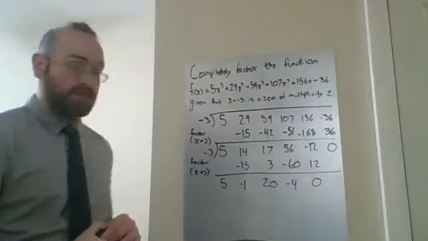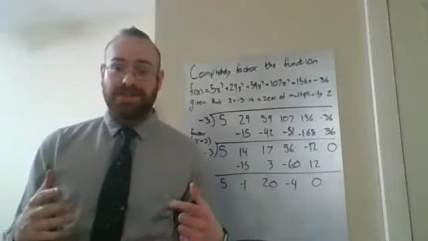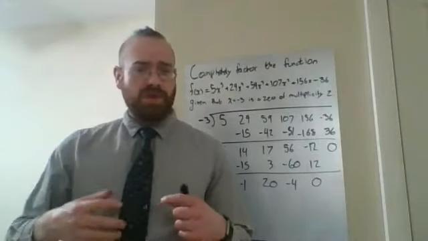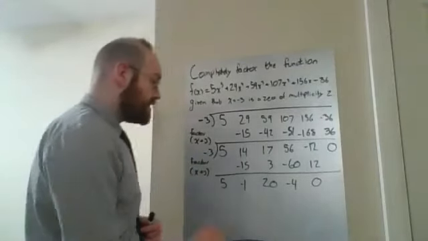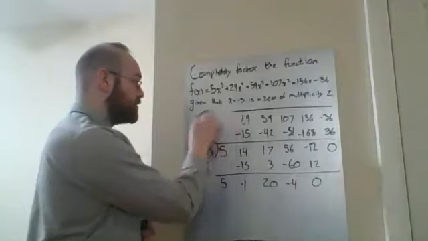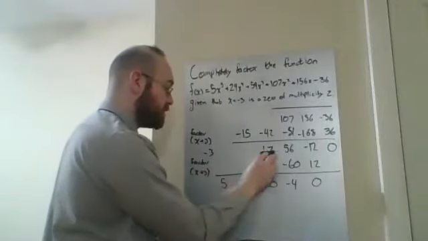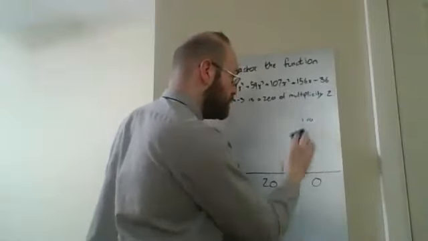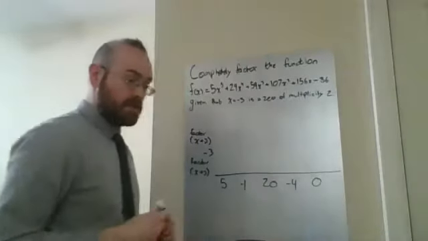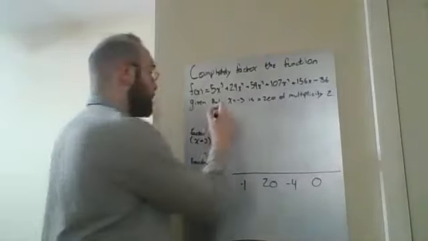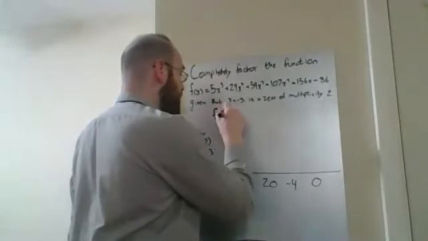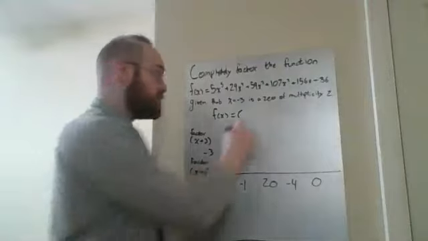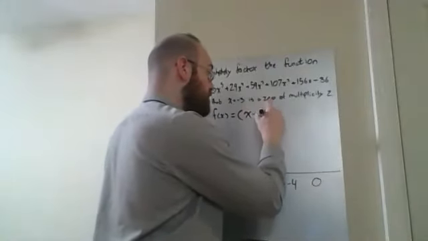Now we've quickly run out of space. Nothing says that this process is done quickly. If we follow it step by step, it hopefully won't feel terribly difficult, but it doesn't mean it's going to go very quickly. So I'm going to erase the work here, and I'm going to write down our function as we know it now. So f of x equals, we have two factors of x plus 3, so that's x plus 3 squared.